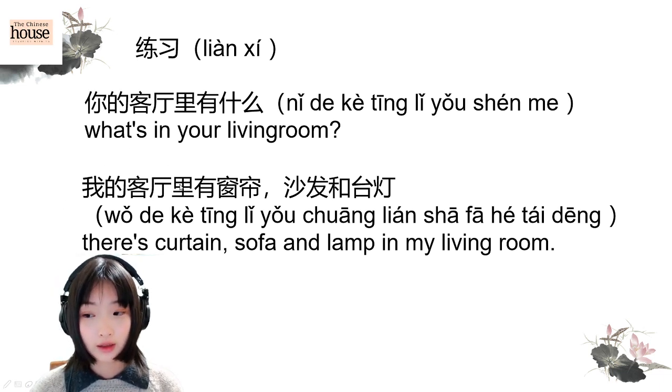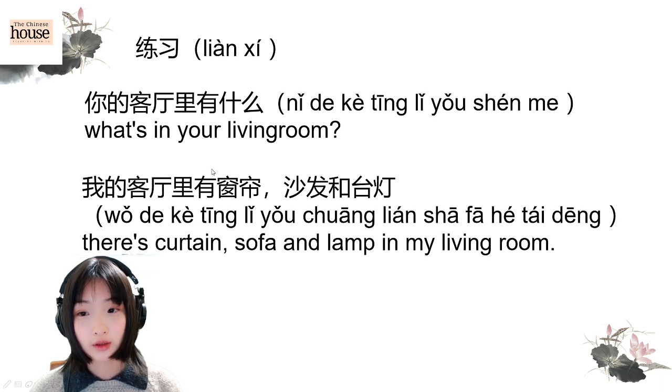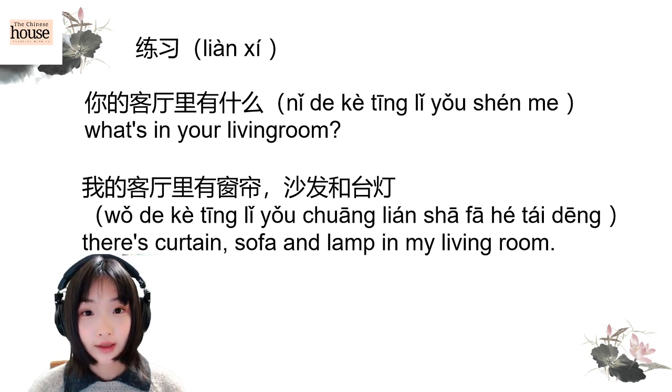我的客厅里有窗帘、沙发和台灯. Right after me: 我的客厅里有窗帘、沙发和台灯. 和 means and.